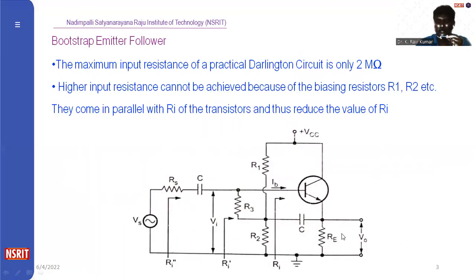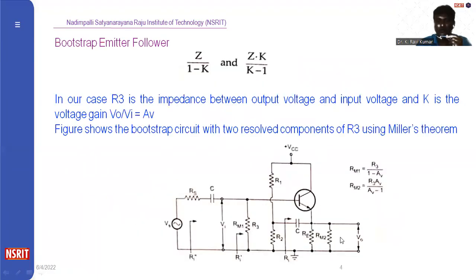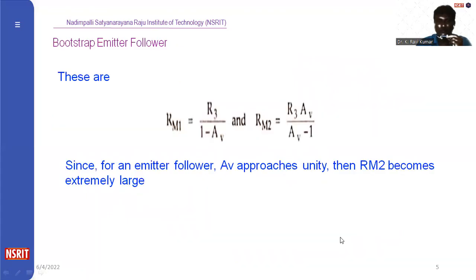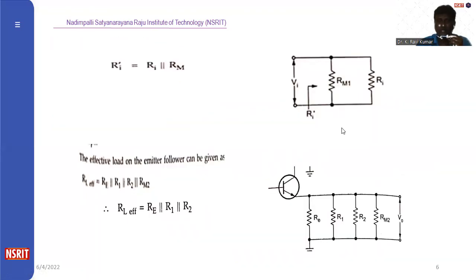There is no separate RL here. Now, Re is equal to RL, that is the load resistance. Effective load resistance means we are pulling some input resistance to the output side. That's why it is called RL effective. RL effective is Re parallel to R1 parallel to R2 parallel to RM2.